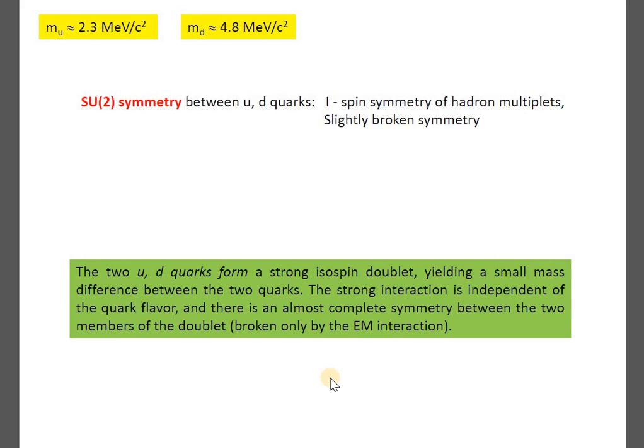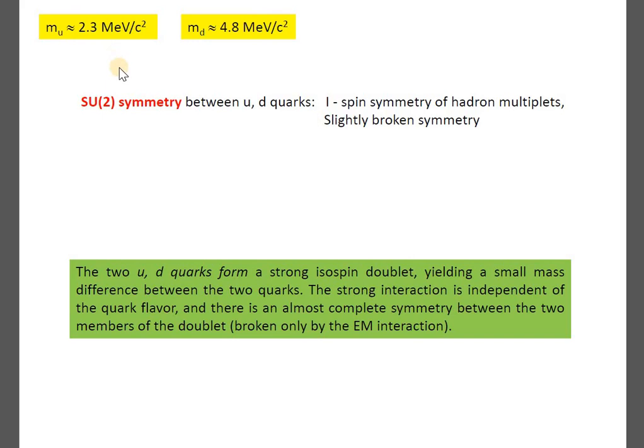Now let me talk about the last part, and it will be very brief. We started with the static quark model, and in the high energy limit, these are the two masses of the u and d quarks. If you compare them with the mass of baryons, it is of the order of 1 GeV or more. Compared to them, the difference between these two is of the order of 2 MeV or so, very small.